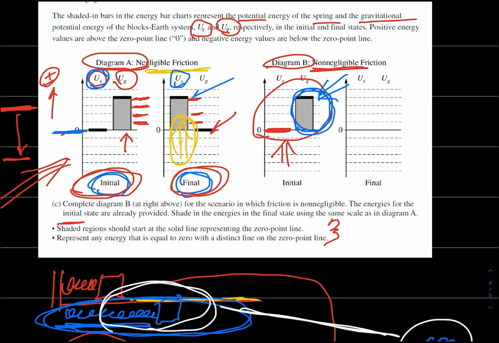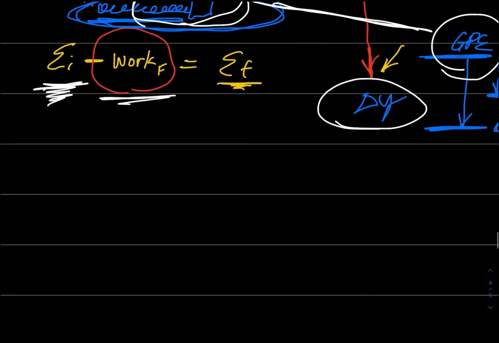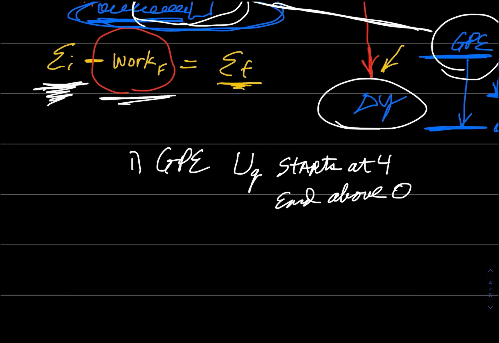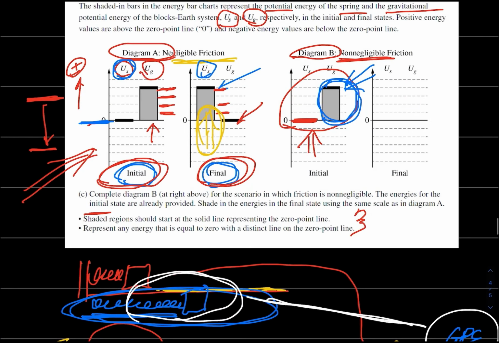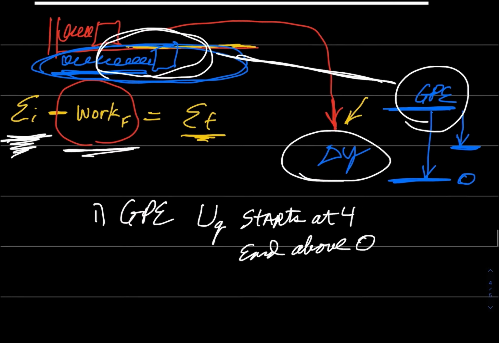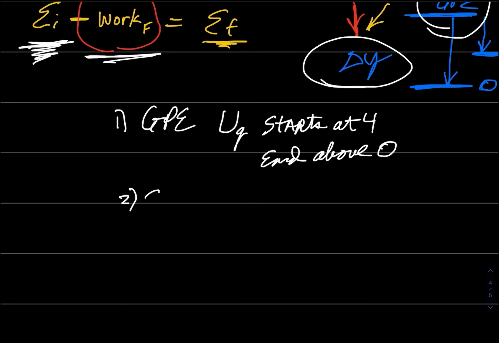So what do we know? Let's write it down and then draw it. We know that the gravitational potential energy, which they call potential energy gravity, starts at 4 and it's going to end above 0. It started at 4 over here on the right, and it's going to go down, but not all the way to 0. And we have that the spring potential energy, which they call potential energy spring, starts at 0.